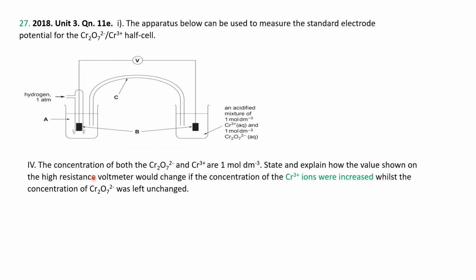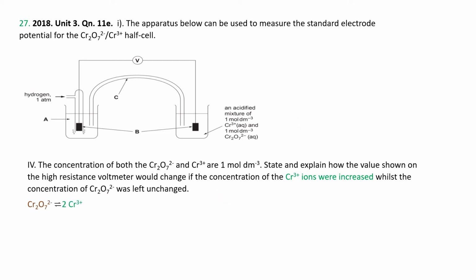Same question, moving on. Concentration of both Cr2O7 2- and Cr3+ are 1 molar. So in other words, that's standard state. State and explain how the value shown on the high resistance voltmeter, I guess that's the V, would change if the concentration of Cr3+ ions were increased while the concentration of Cr2O7 2- was left unchanged.